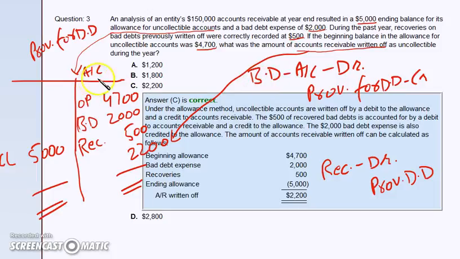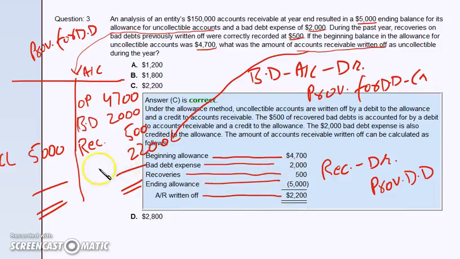So you can do this question in this way as well, or otherwise like here it's mentioned: beginning balance of allowance, add bad debts, add recoveries, and you end up with the closing allowance, and in that case you are going to get accounts written off, which is the same thing, you know, right? So accounts written off.